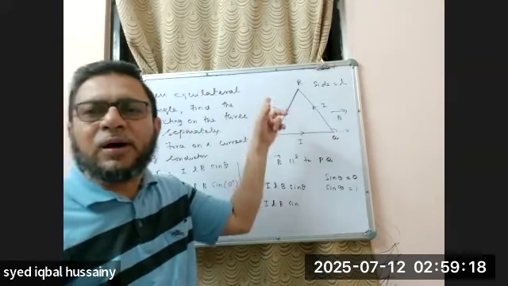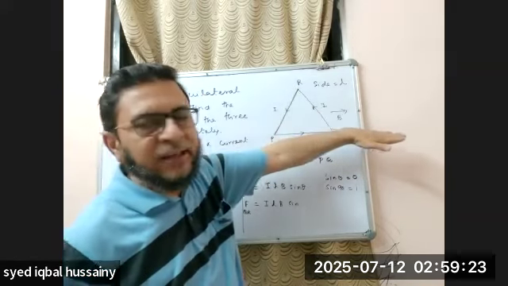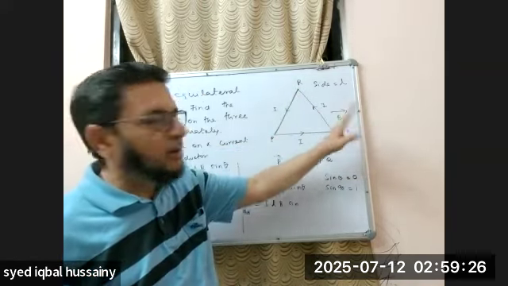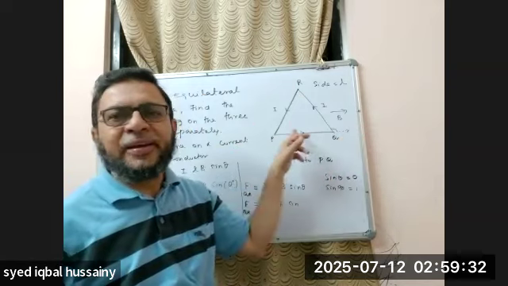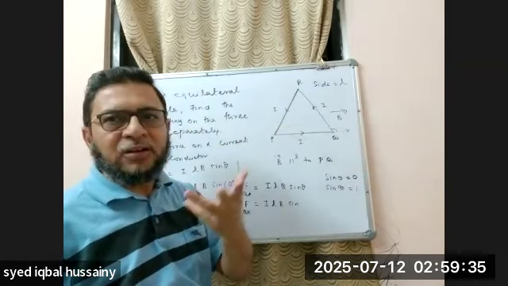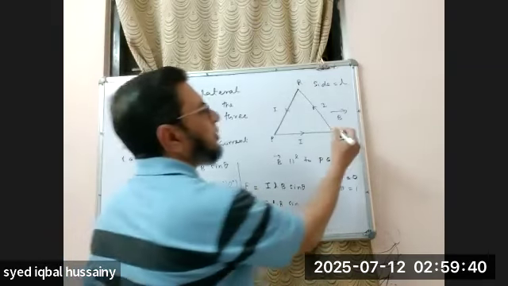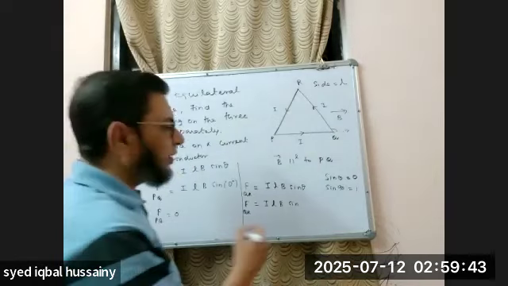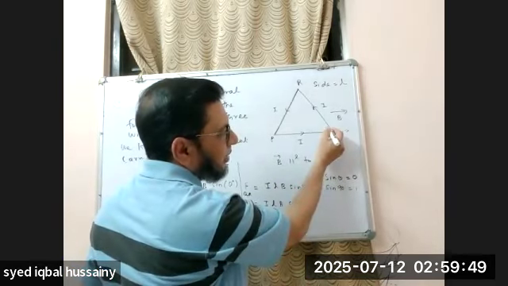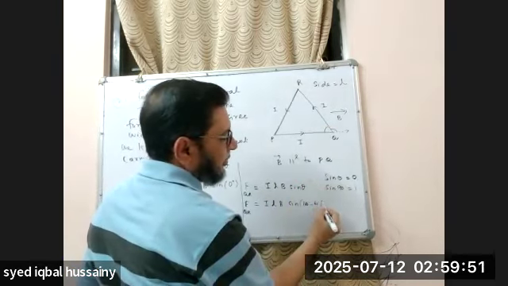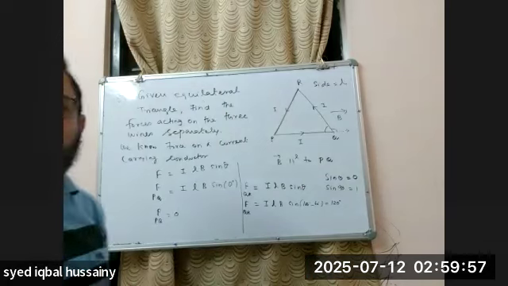What is the force on QR? QR is going in this direction, the length of the conductor, and the magnetic field is going in this direction. So L cross B means you should calculate this angle. If it is a straight line, this is 180 degree. Equilateral triangle means that angle is 60 degree. So 180 minus 60 will be equal to 120 degree. This is not given in the diagram, so you should know that. That is sine 120 degree.